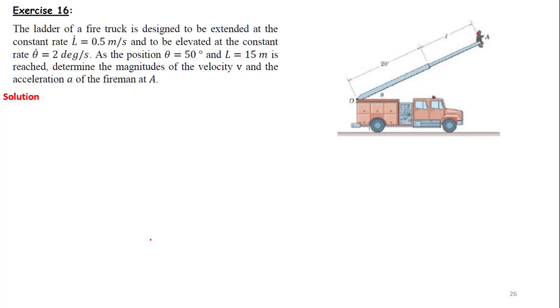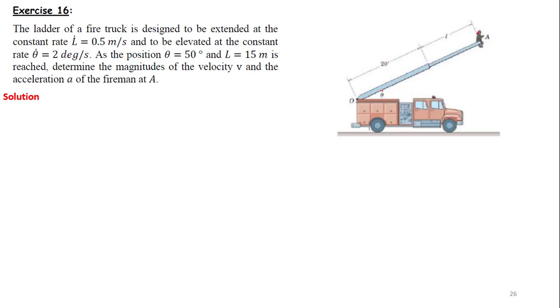Another application of polar coordinates is in exercise 16. So we have here a ladder of a fire truck. We see this fire truck and we see a ladder. The ladder of a fire truck is designed to be extended at the rate L dot equal 0.5 meter per second, and to be elevated at the constant rate theta dot equal 2 degrees per second.